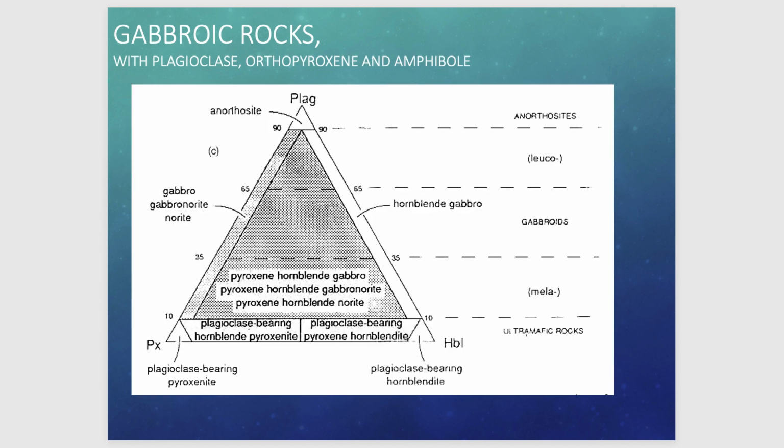So with plagioclase, orthopyroxene, and amphibole as criteria, you can move into classifications that rely rather on this transition between pyroxene and hornblende. So we have plagioclase bearing hornblende pyroxenites or plagioclase bearing pyroxene hornblendites.